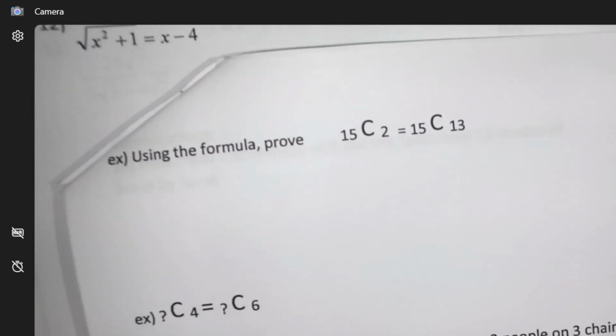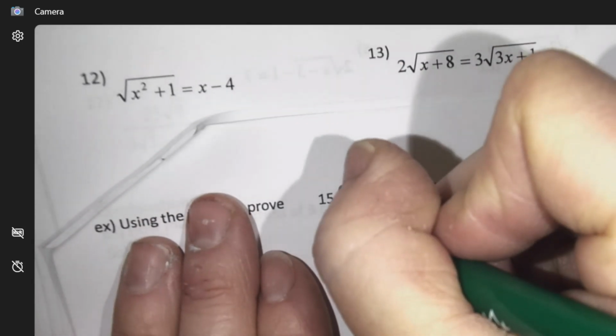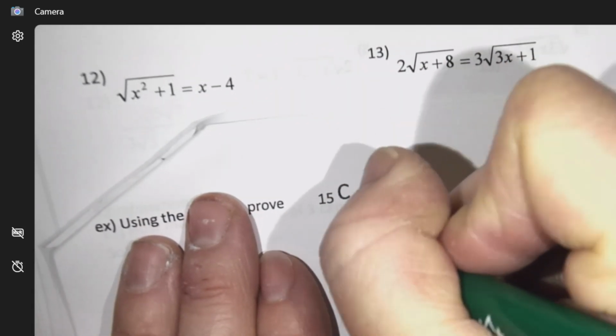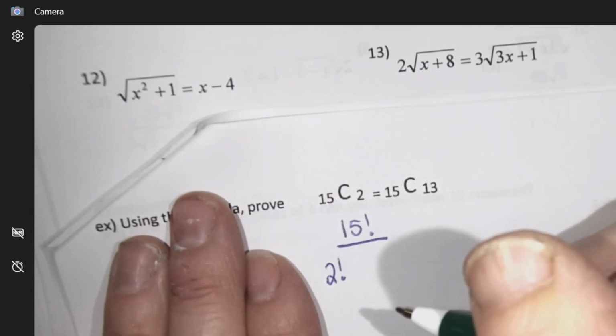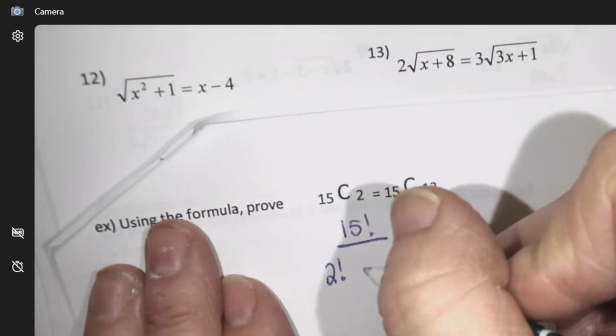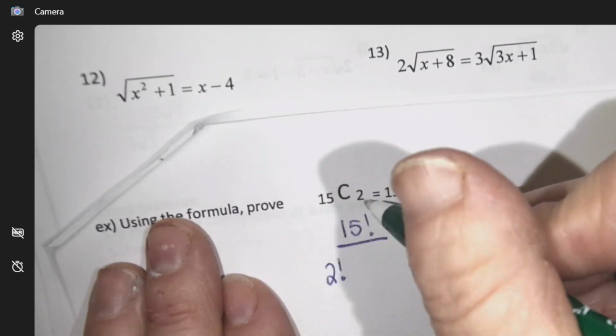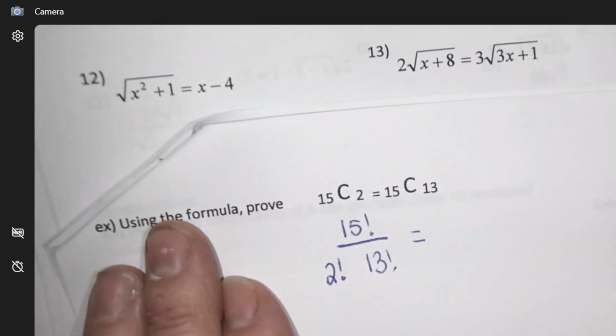Okay, using the formulas, prove that these are equal to each other. So the formula would go 15 factorial over 2 factorial. And then this one is the subtraction. So what's 15 minus 2? So 13 factorial.